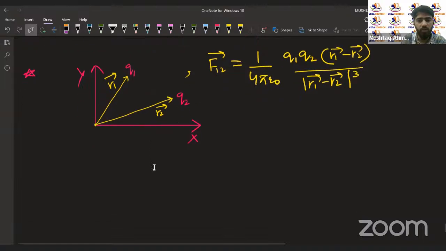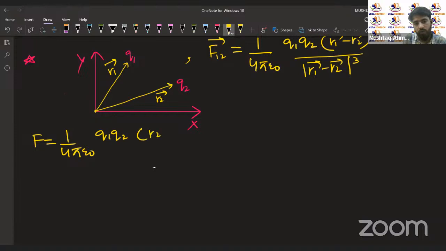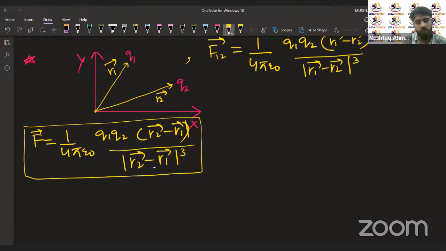And similarly, on the second charge, we will calculate 1 upon 4 pi epsilon naught q1 q2 into r2 vector minus r1 vector upon modulus of r2 vector minus r1 vector whole cube. So these are the final equations that we'll be using as the vector form of Coulomb's law to calculate the force between the two charges in the form of a vector.